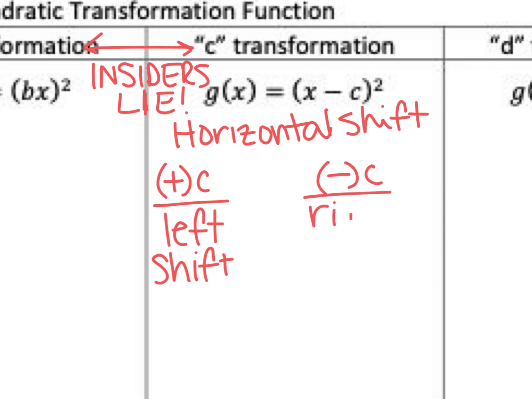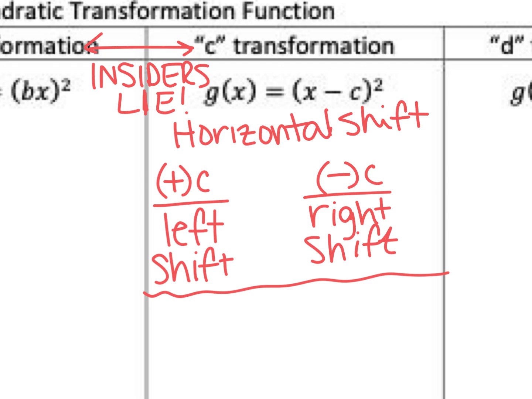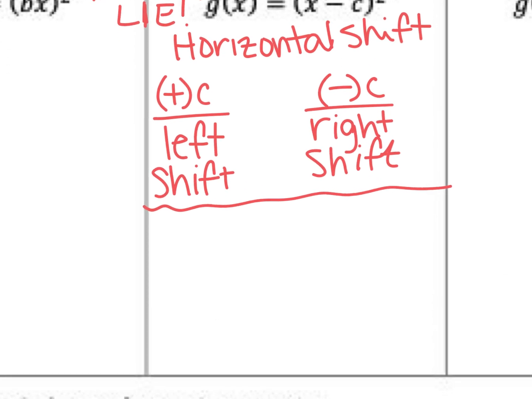This is going to be a right shift. So just to kind of recap that, if we had f(x + 2) and f(x + 5), what would, or not plus 5, minus 5.